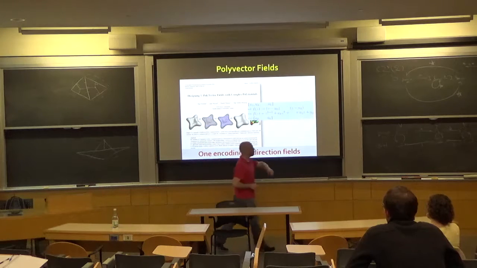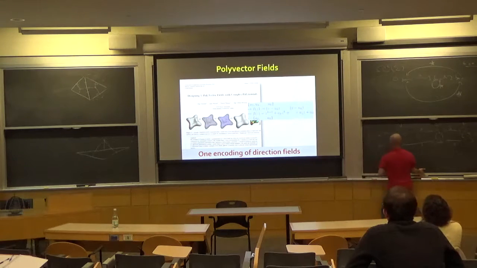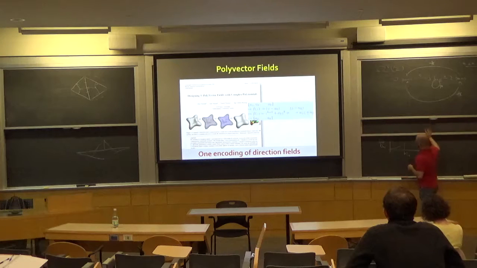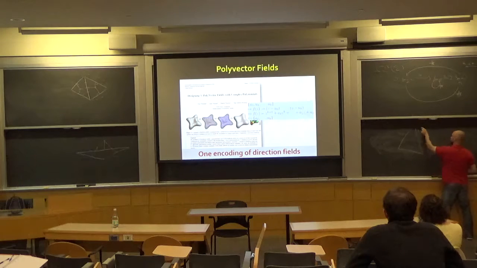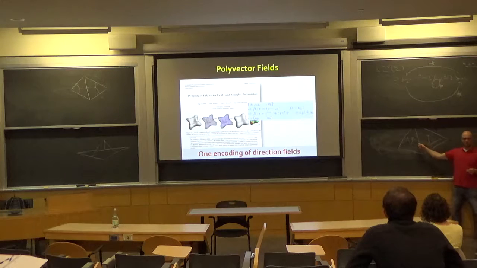Okay? Because, for example, let's say I have two adjacent triangles, and maybe I start with, let's say, 2 vectors. So I have these two frames. Some of these are very similar, right?